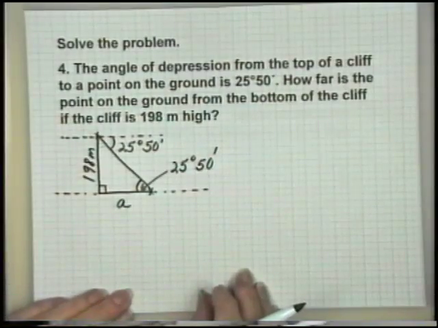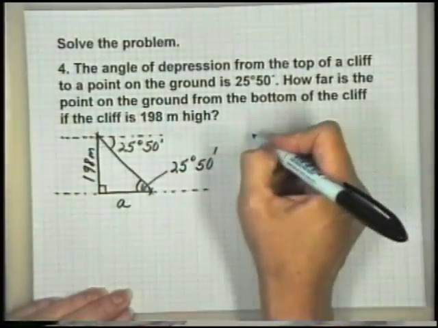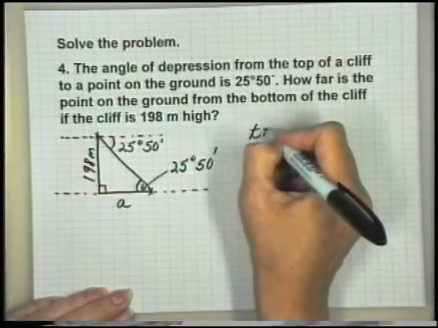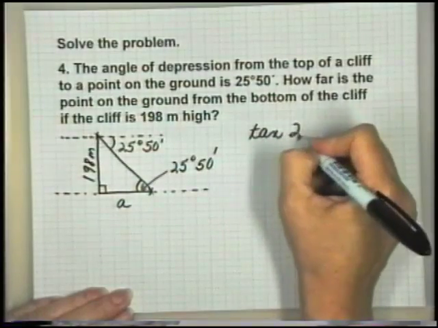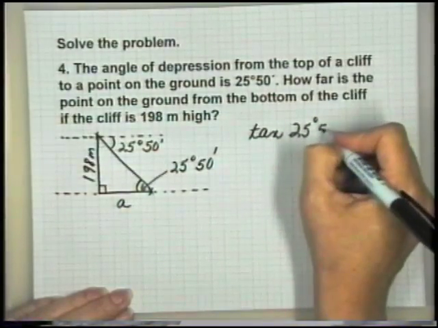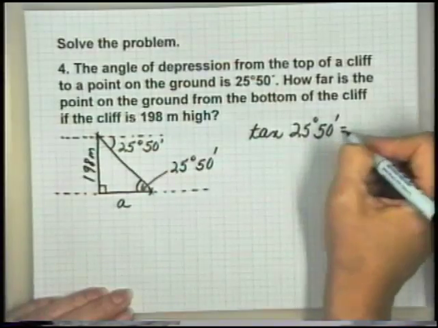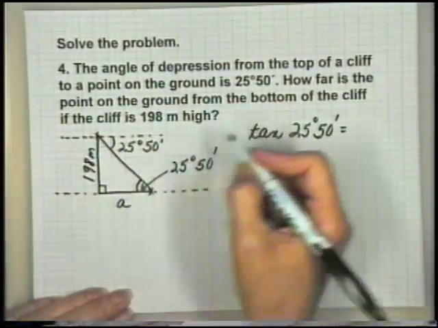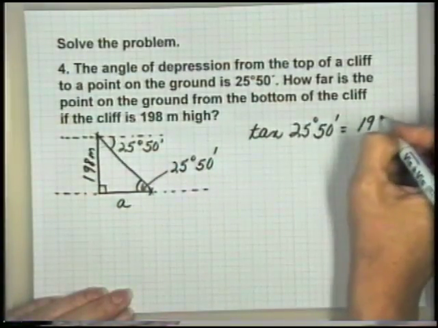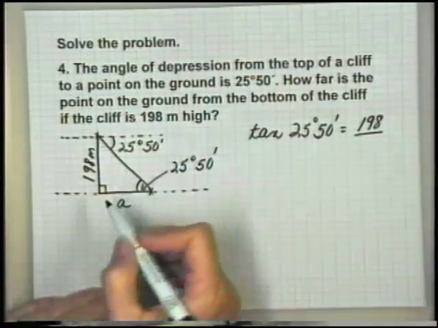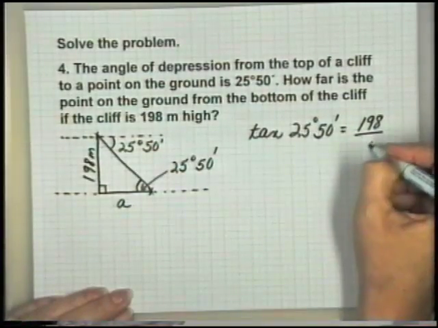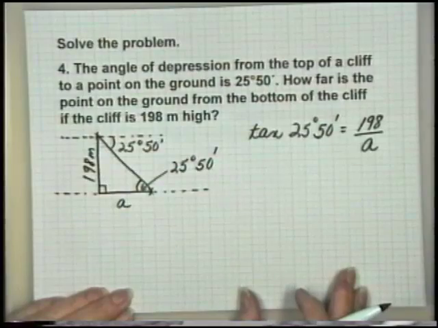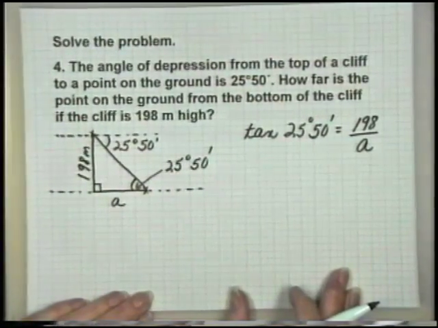This leg is adjacent to this angle. So we'll use the tangent function. We'll say the tangent of 25 degrees 50 minutes equals the length of the opposite leg, which is 198 meters, divided by the length of the adjacent leg, which is A.